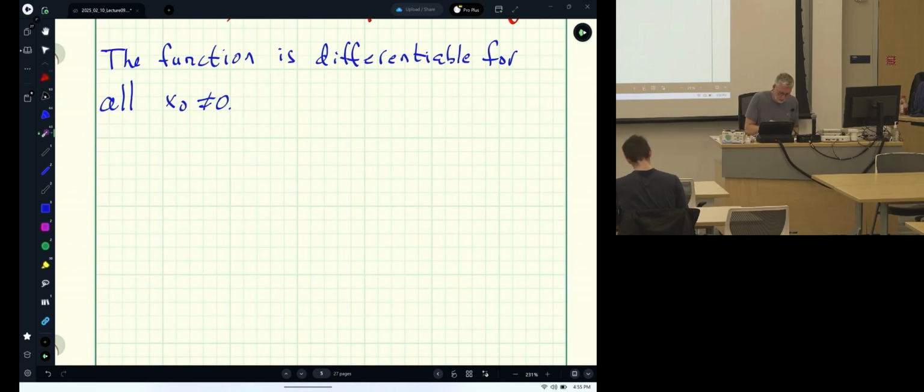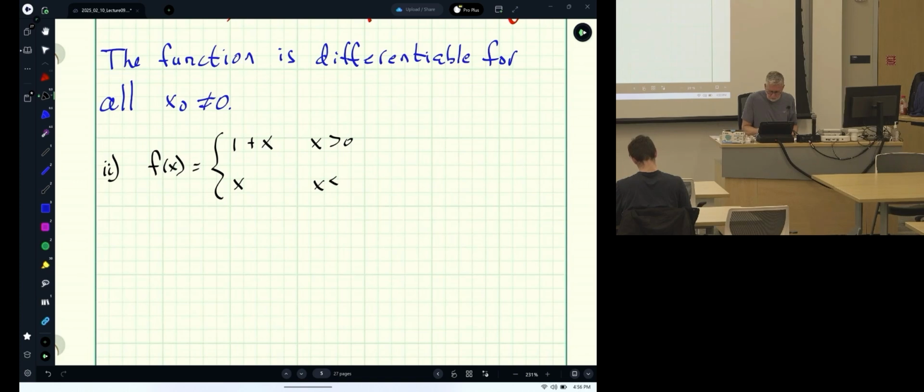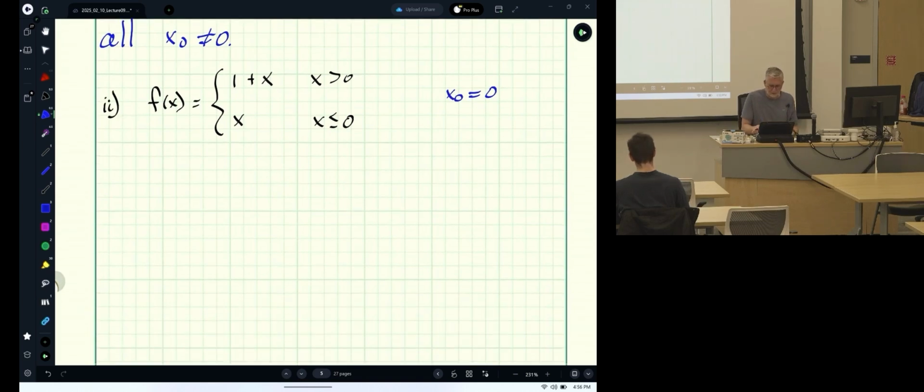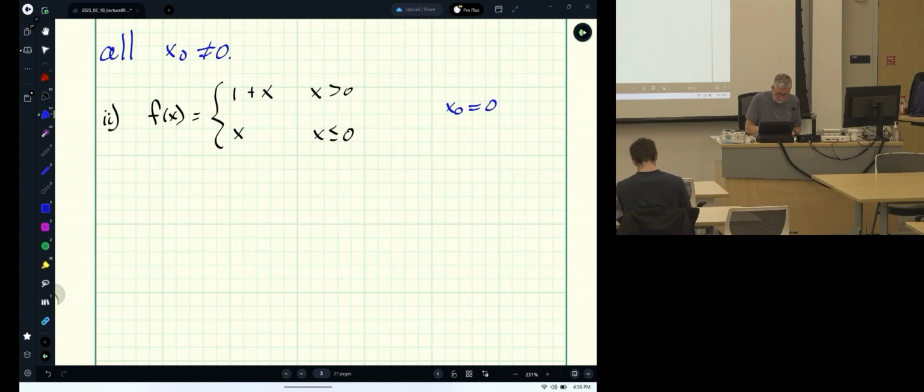Okay, so let me have you think about this one then. f of x equals 1 plus x when x is positive, and x when x is less than or equal to 0. And we're going to take, once again, x0 is the origin. What does it look like?